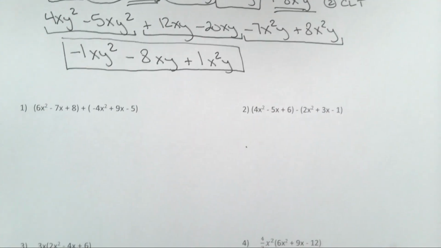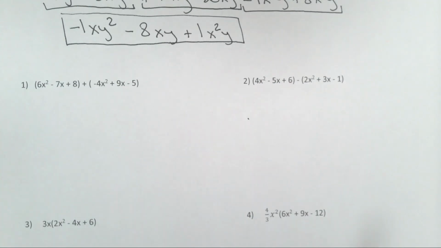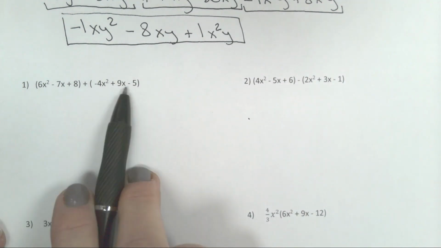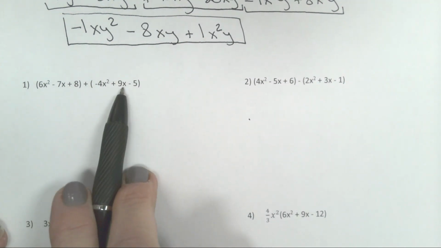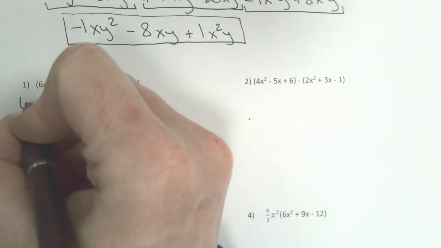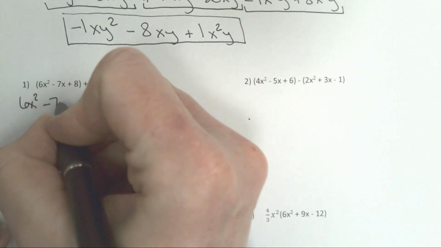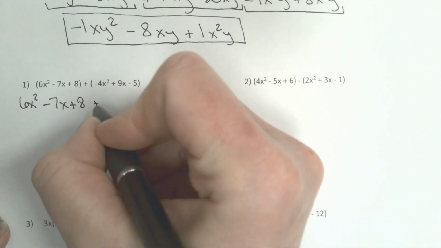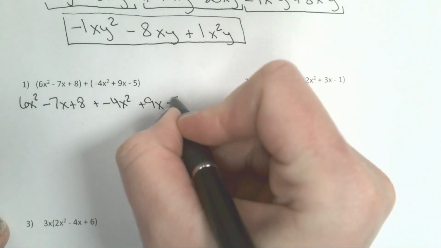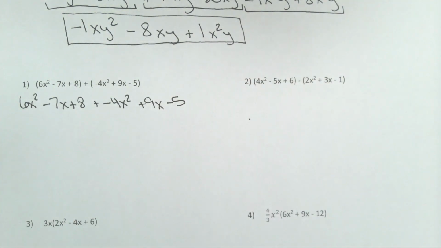Let's try this one. All right, so we just have a plus sign, and there's a property that says when you're adding two things together, those parentheses are not necessary. You can just drop the parentheses. And then we're just going to combine like terms.